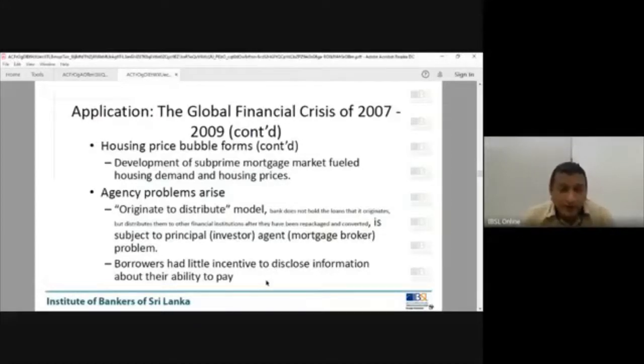But unfortunately, the agents, in this case executives or mortgage brokers, were much more after higher earnings. So they were basically trying to distribute whatever assets they were creating. This was the circumstance when the agency problem started creeping up in the US financial system.